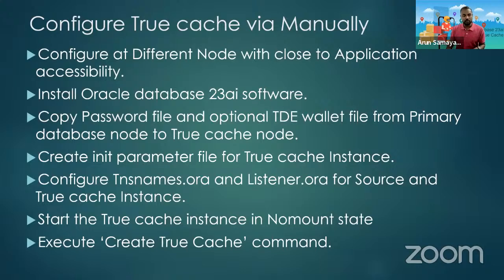In addition, we will also configure the tnsnames.ora and the listener.ora files between the primary database and the TrueCache instance to be able to establish that connectivity. And once the TrueCache is started up, it is in the dormant state, and we execute the create TrueCache command to create a TrueCache in the node closer to the application.